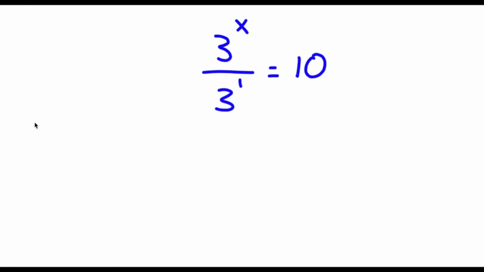Now, if I have something in the form a to the power of m over a to the power of n, this is going to equal a to the power of m minus n.